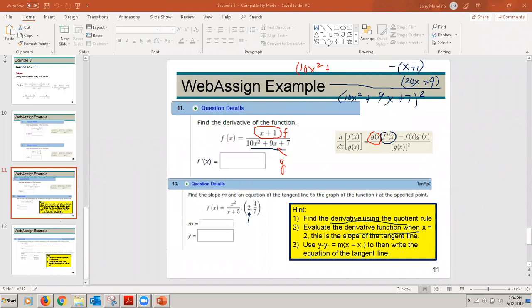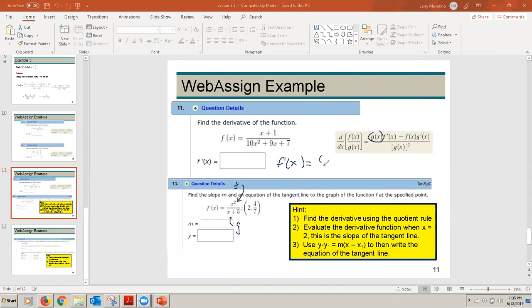The first thing I'm going to do is label. I'm going to think of the numerator, f, as this x squared, and g will be the bottom, x plus 5. So let's find the derivative function. I'm going to use the quotient rule. First I'm going to start off with g of x. Well, that's the bottom, so that's x plus 5, times the derivative of the top, f prime, but the derivative of x squared is 2x.